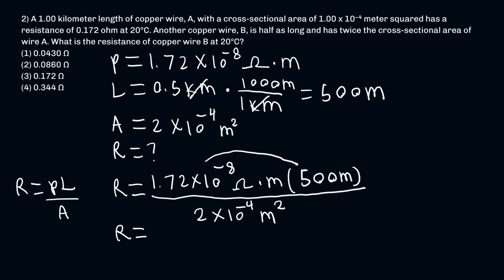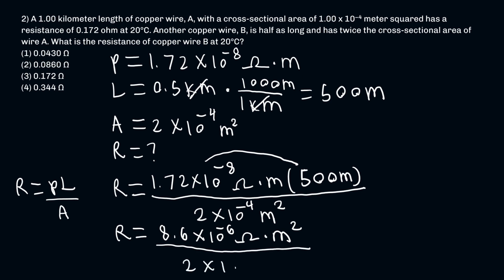So the top should now end up being 8.6 times 10 to the negative 6th, and my units should then end up being ohms times meters squared, all over my cross-sectional area, which is 2 times 10 to the negative 4th, and that is meters squared as well.